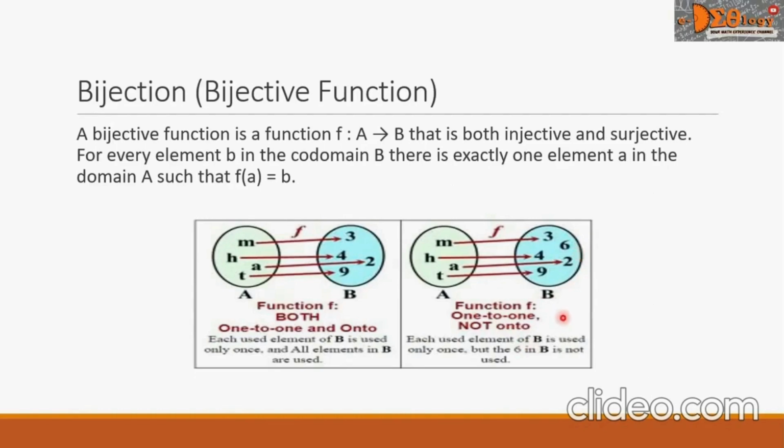Since this is one-to-one but not onto, this function is not a bijection because, as per the rule, a bijective function must be both injective and surjective, or we say it must be both one-to-one and onto.